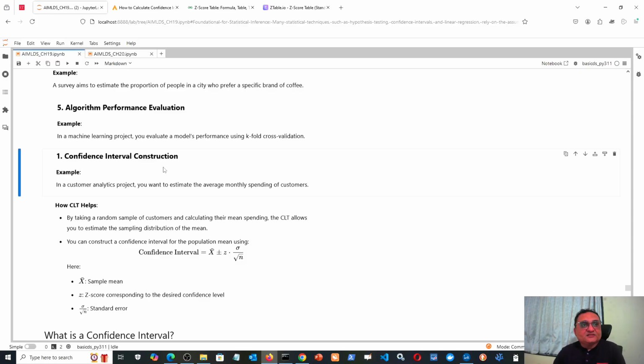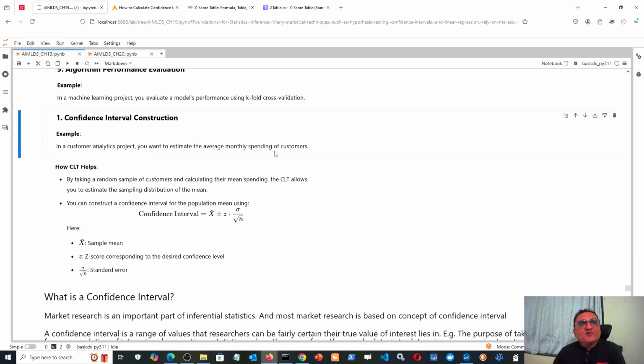First, confidence interval construction. In a customer analytics project, you want to estimate the average monthly spending of customers. Now, how does central limit theorem help? By taking some random sample of customers and calculating their mean spending, the central limit theorem allows us to estimate the sampling distribution of the mean.